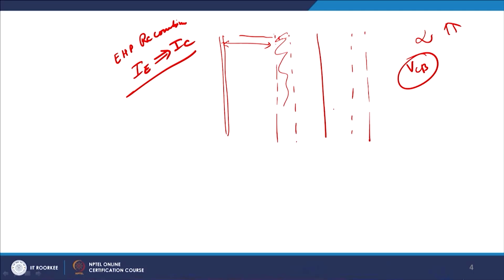Till now we were explaining that as VCB becomes larger and larger, as long as the collector base junction is reverse biased, independent of its value the current will always remain constant. So we were assuming that the collector is behaving like a constant current source.